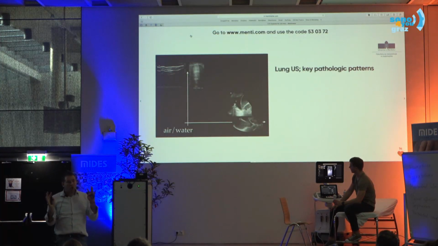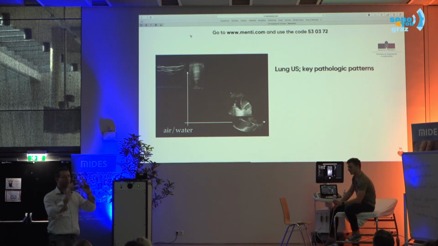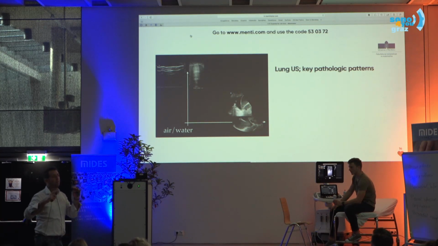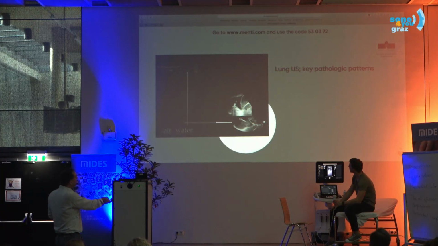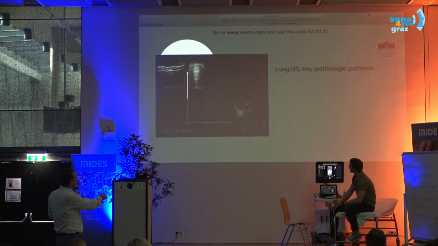And any pathology in lung is actually just the ratio between air and water. Does that make sense? So if it is only water, that means fluidothorax. Pleural effusion, it's down here. If it's only air, it's up there.